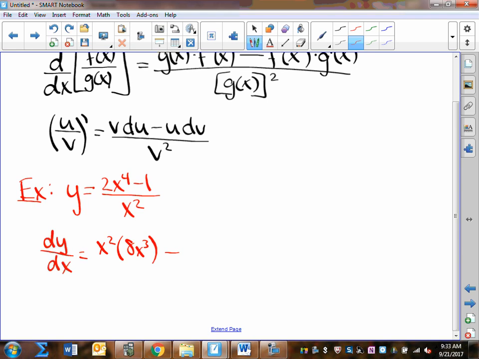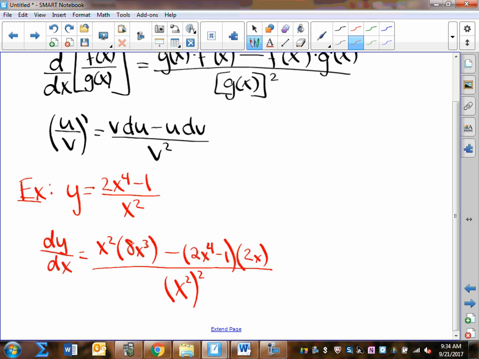Minus, now we flip the order. Top stays the same. So make sure you use parentheses for that. Times derivative of the bottom. What's the derivative of the bottom? 2x. All over the bottom squared. And again, if you did x to the fourth, that's fine.